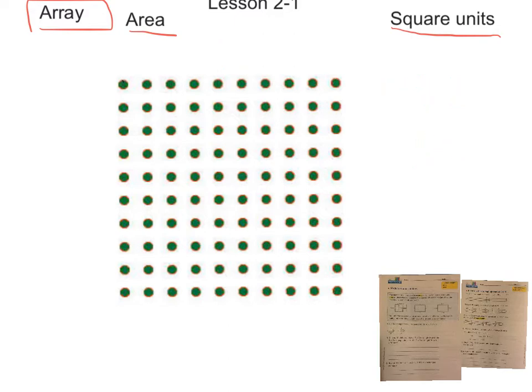take this array and find, let's say, 12 of them on here. There's a couple different ways you could find 12 by using another sort of array. I want all of you to kind of draw an array of 12.